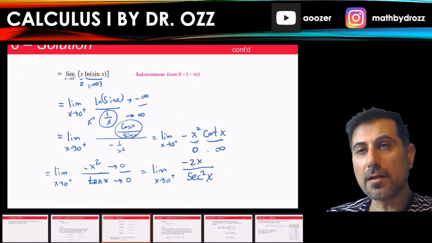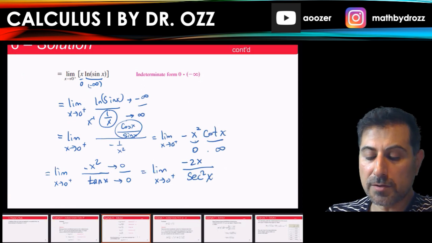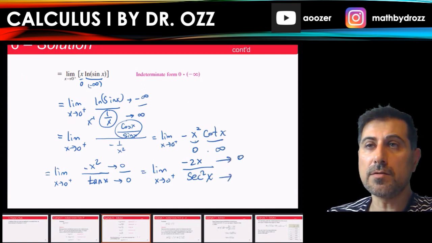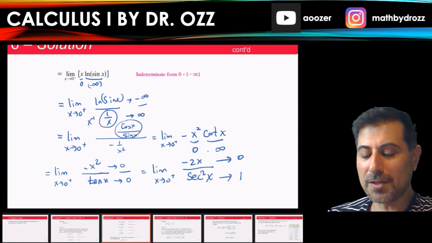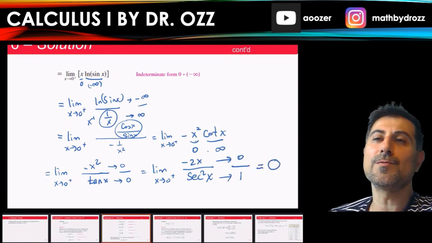And now let's pass the limit again to see if we got rid of 0 over 0. So the top goes to 0, and the bottom goes to secant squared of 0. If you use your calculator, secant squared of 0 is 1. So that's good news because now the limit is 0 over 1, which is exactly equal to 0.